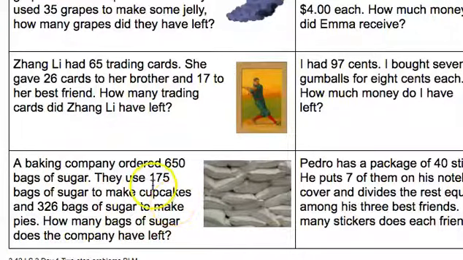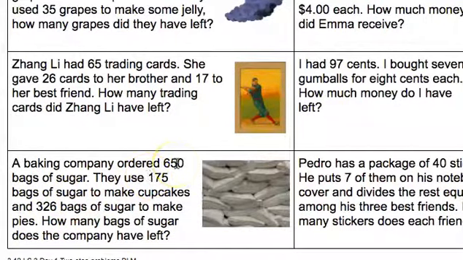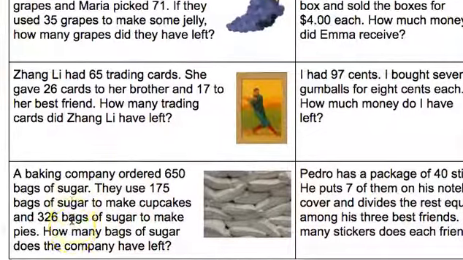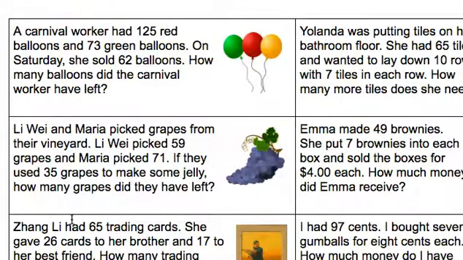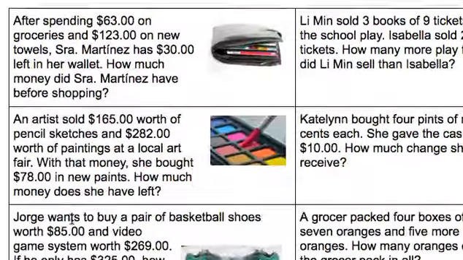No, same thing. We would need to first add the sugar for the cupcakes and the sugar for the pies, and then we subtract it from 650.